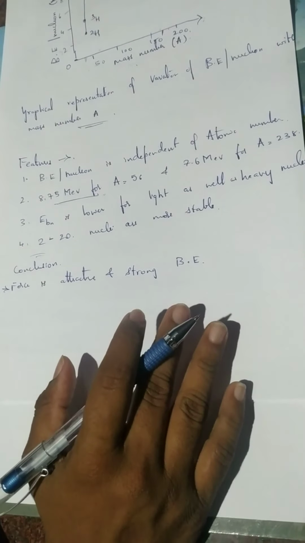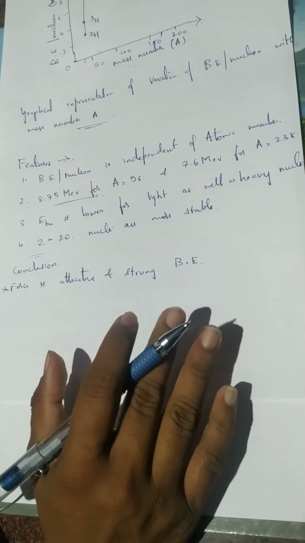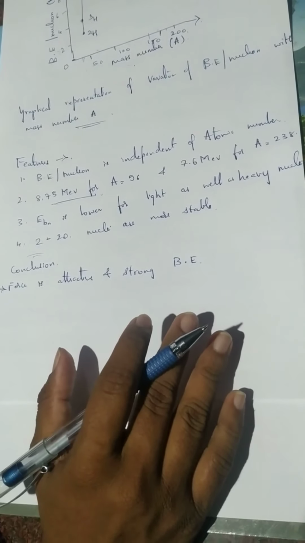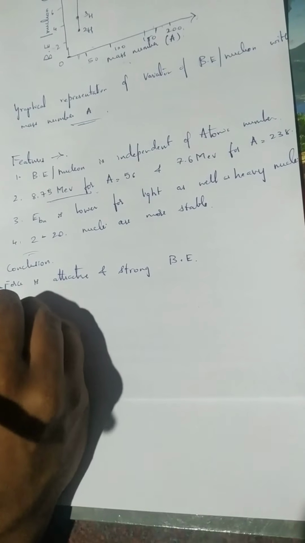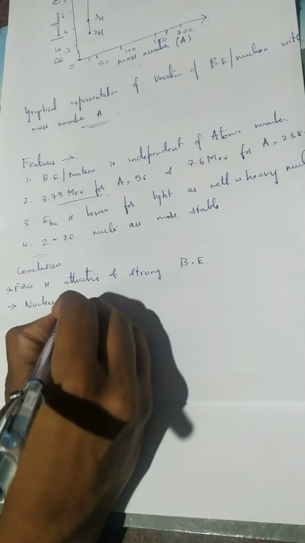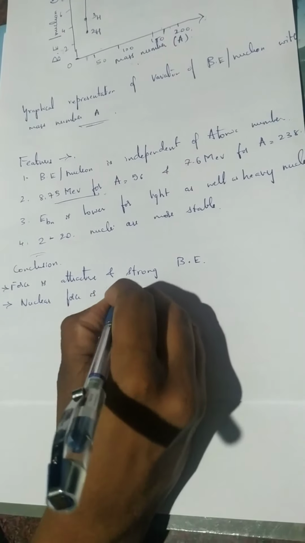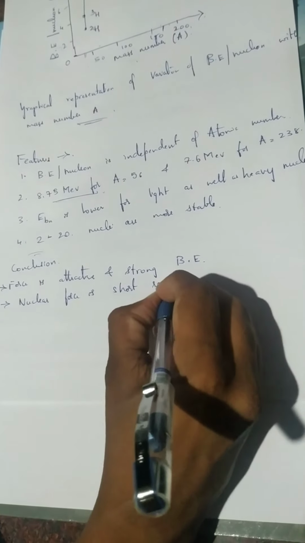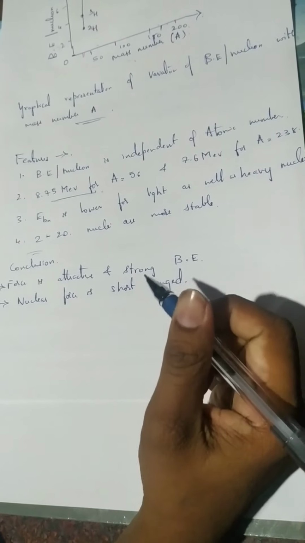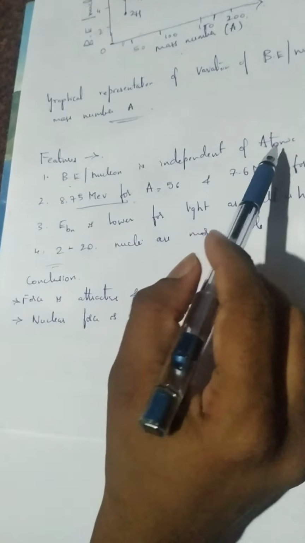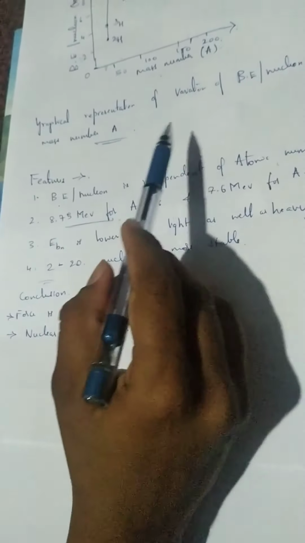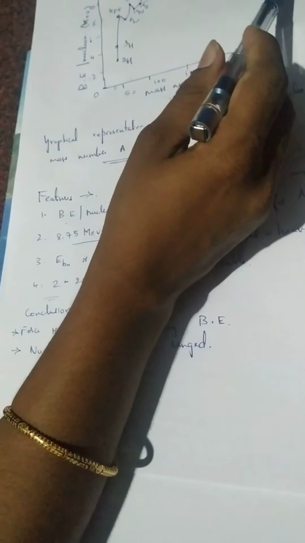Then binding energy in the range from 30 to 170 is constant, indicating that nuclear force is short-ranged. We have already said binding energy per nucleon is independent of atomic number, that is, it is constant from here to here, right?